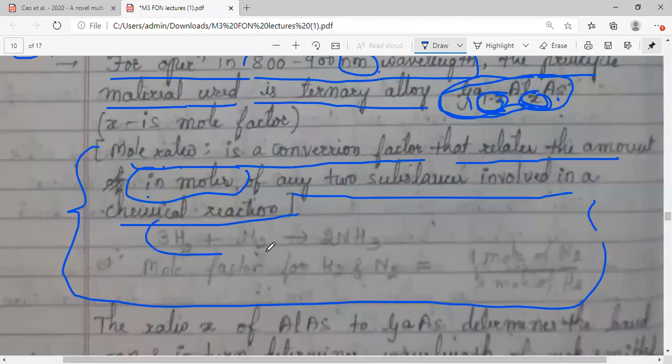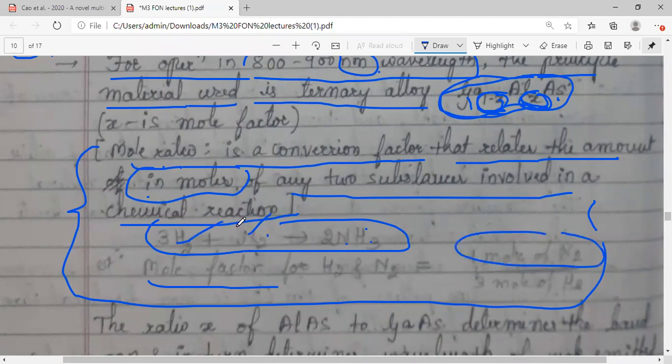If this is one chemical reaction, you have H2 plus N2, you'll get NH3, ammonia. In this example, the mole factor for H2 and N2 is 1 mole of N2 divided by 3 mole of H2.